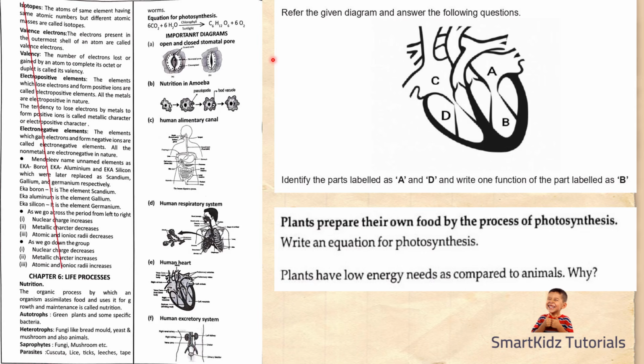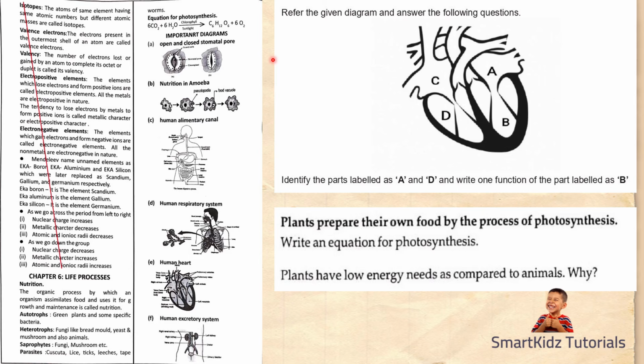Nutrition in amoeba has also come. Check out the mode of nutrition of amoeba and how it consumes its food and how it removes the waste product outside. Then we have the human alimentary canal.